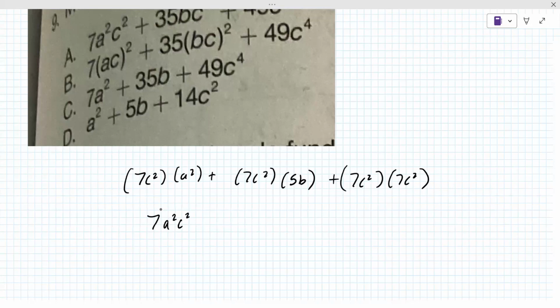C squared, C squared, and then 7c squared times 5b is 35bc squared.